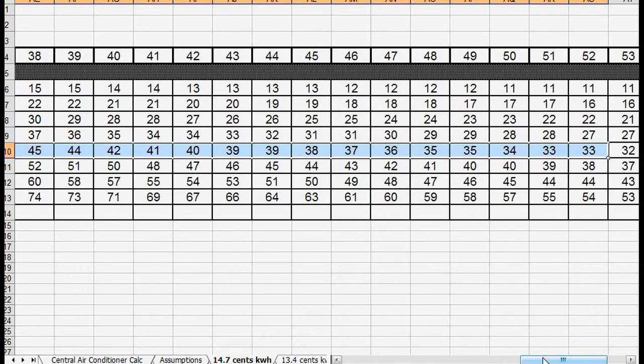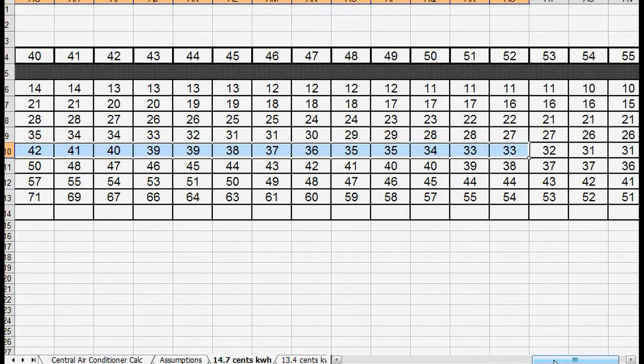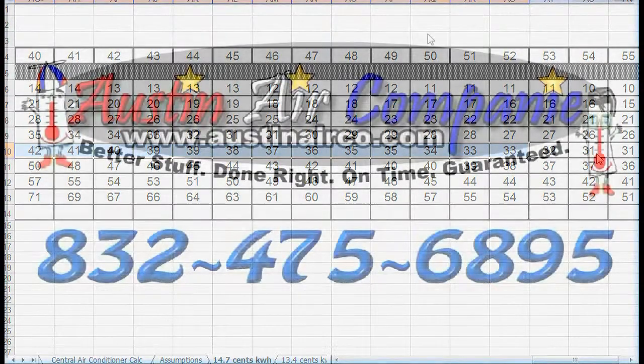And I believe last year I was somewhere around 54 and a half, 55, somewhere right around in that range. And so our SEER ratings dropped off a little bit, but I've actually gone to more comfort this year, and I've used the air conditioner a little bit more.